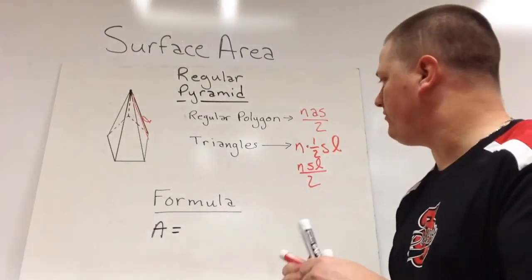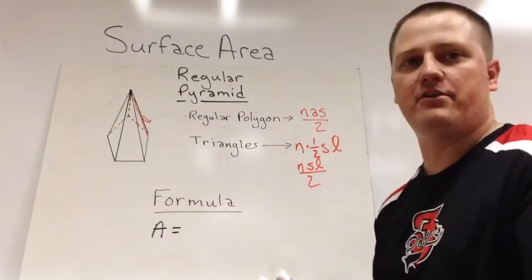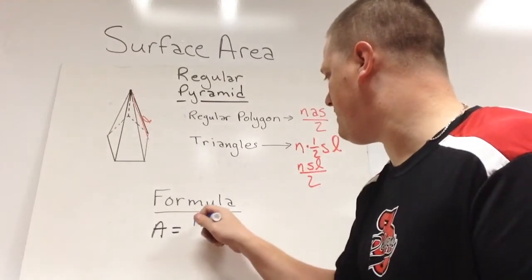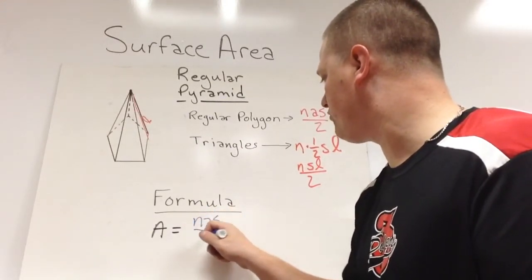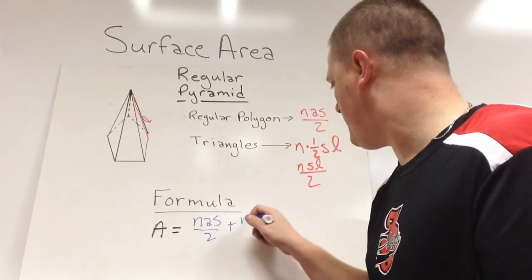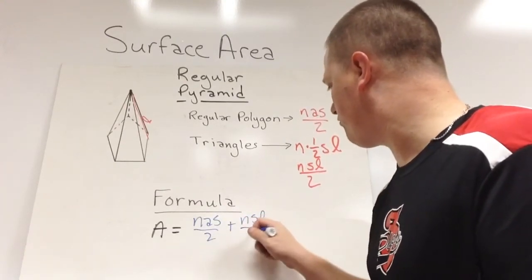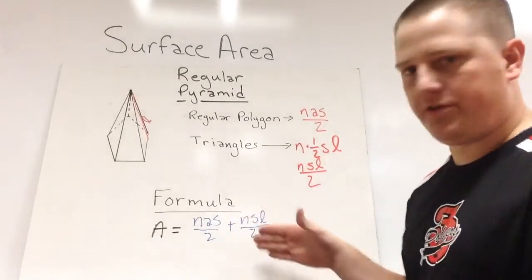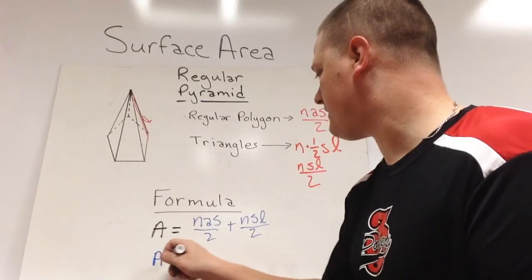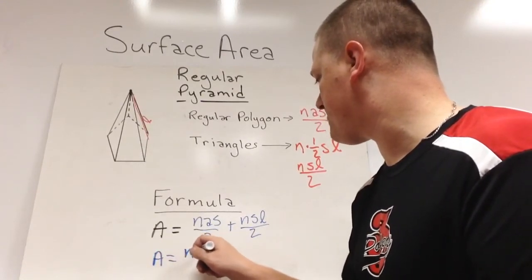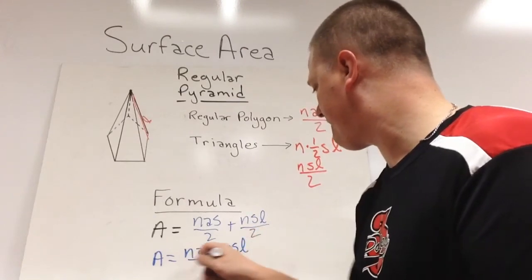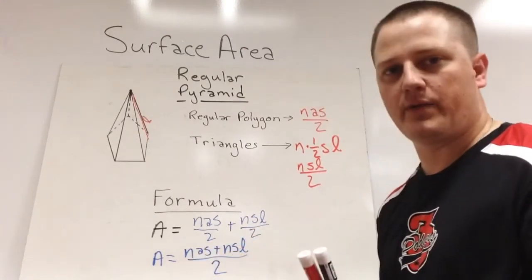And we would just add all of this together. So we have NAS over 2 plus NSL over 2. Since they're both over 2, we can actually put them together. So there's another way to write it.